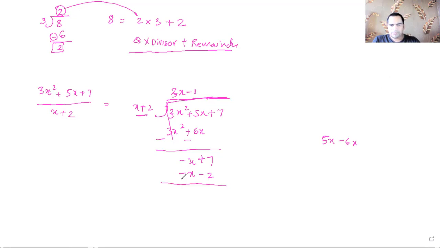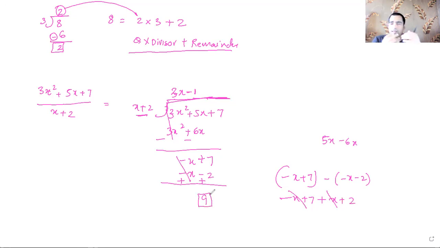So when I subtract them, this becomes positive and this becomes positive. It's like subtracting 8 minus 6: negative x plus 7 minus (negative x minus 2) becomes negative x plus 7 plus x plus 2. Negative x and positive x get cancelled, and you get 7 plus 2, that's 9.